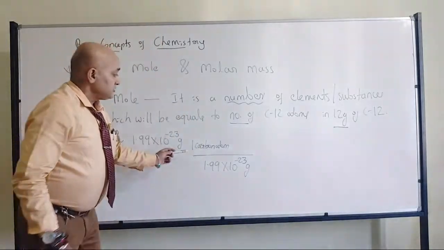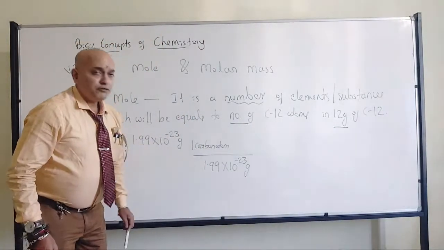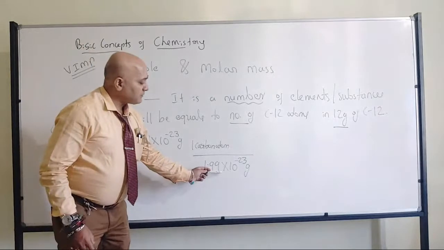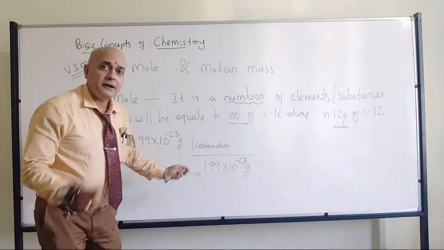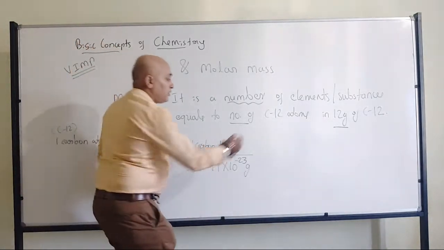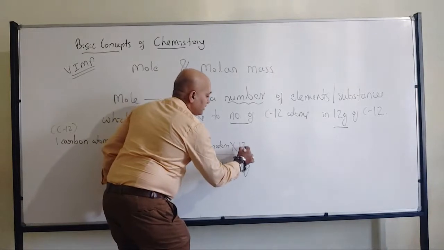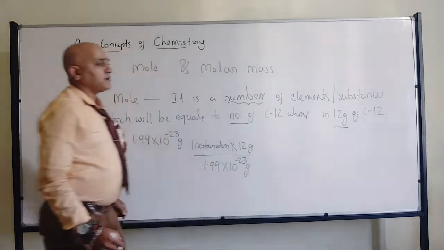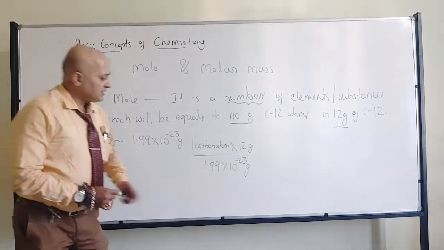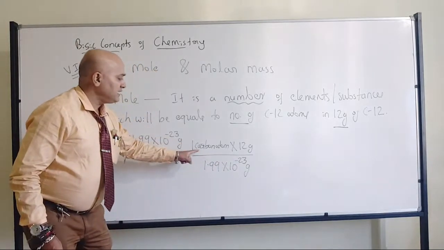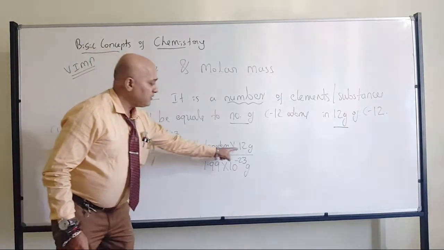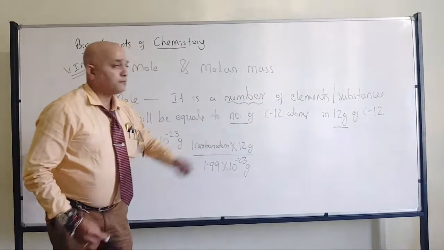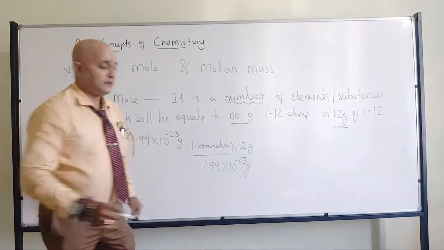Okay. So 1.99 into 10 to the power of minus 23 gram corresponds to how many carbon atoms? 1. So how much will be there for 12 grams of carbon? For these many grams of carbon, it is one carbon atom. For 12 grams of carbon, how many carbon atoms?